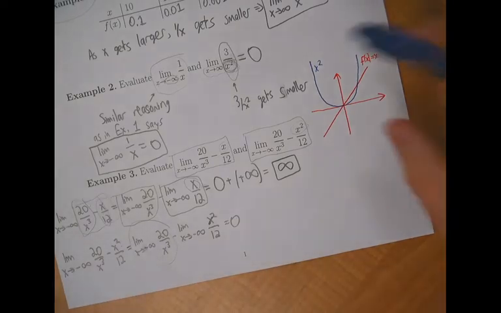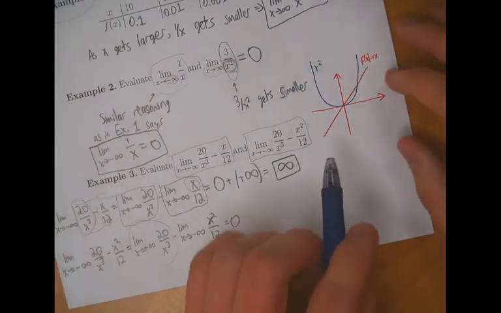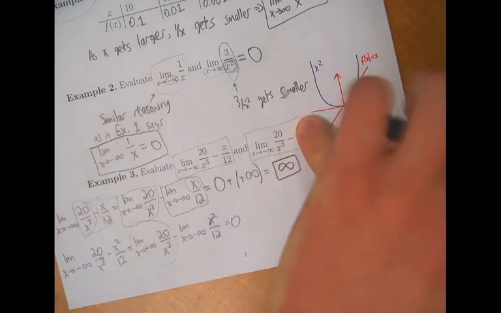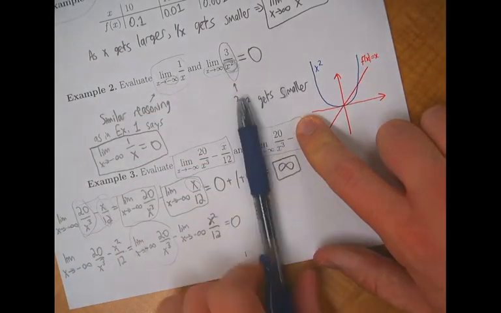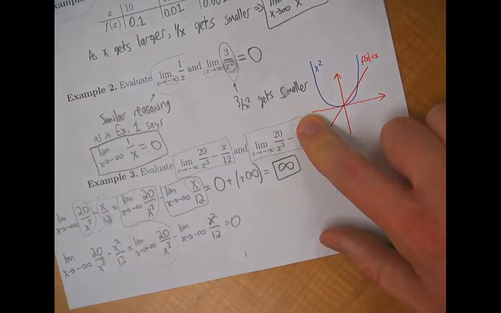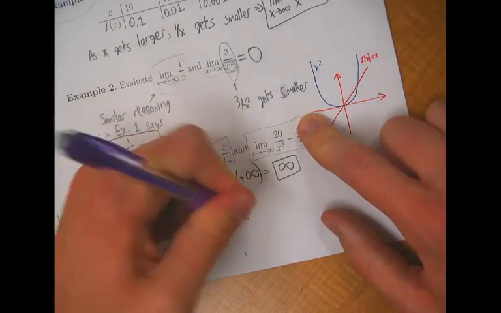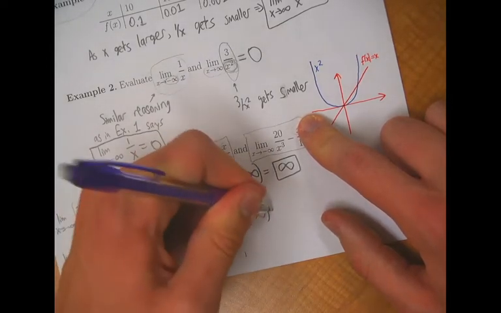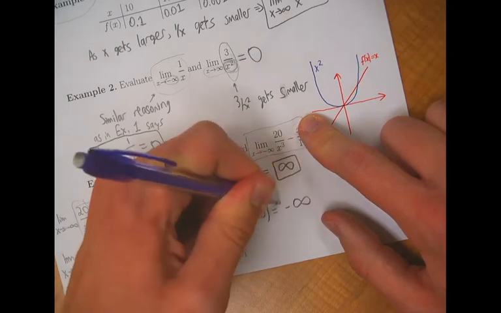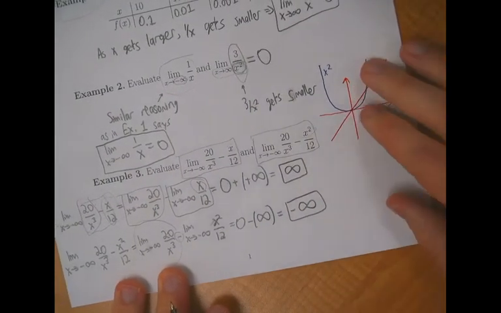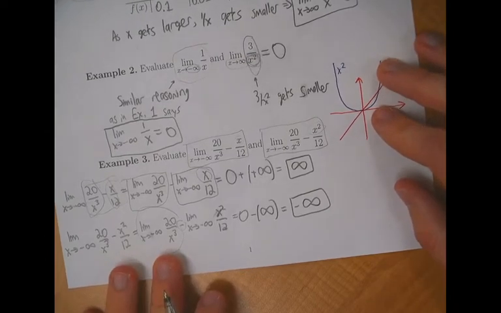Yeah, it's going to shoot up to positive infinity because of the graph. So if x goes to negative infinity, that means x squared is just going to keep going up to positive infinity. As a result, you're going to have minus infinity because of the minus here. So in this case, you're going to end up with negative infinity for your answer. Okay, so that's example 3 in a nutshell.